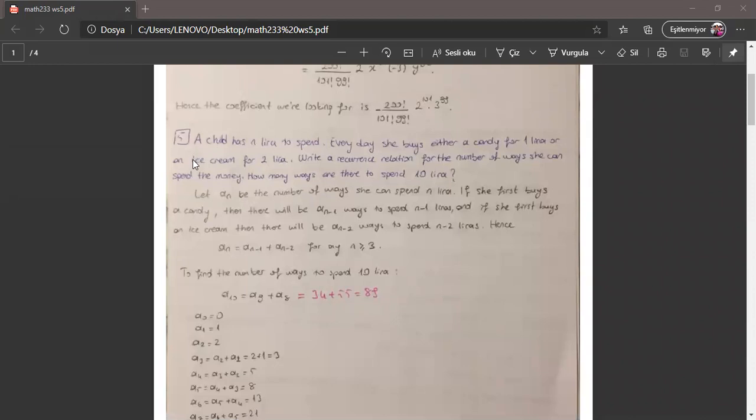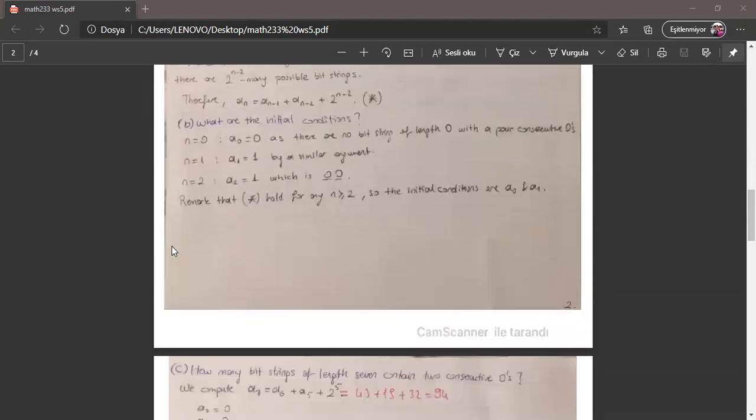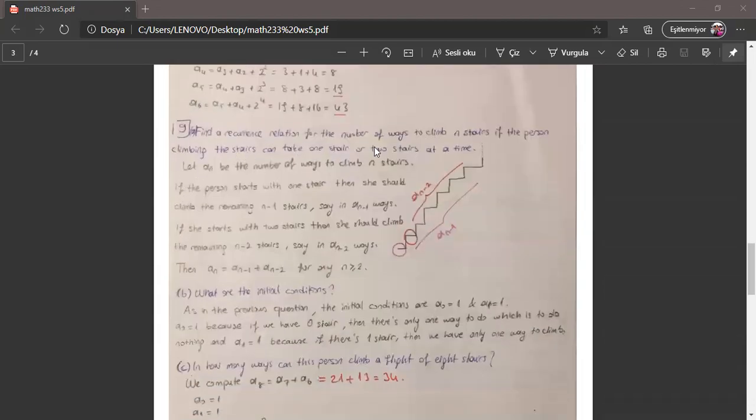Here we have n stairs, and a person will climb these stairs, and each time the person takes either one stair or two stairs. So exactly, this is similar to the fifth question.